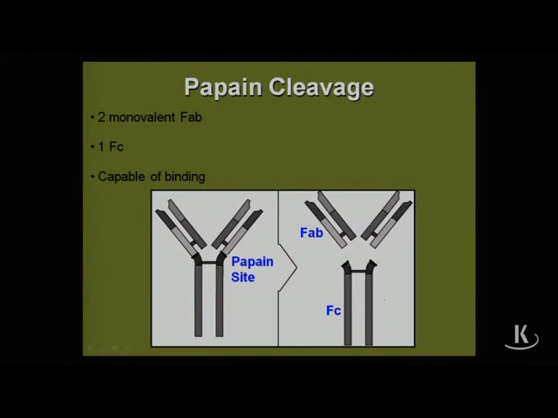After cleavage with papain, you wind up with 2 separate binding regions. So there's 1 constant region, 2 separate variable regions, and the big deal here is that in this case, you would not be able to agglutinate, because each part that's left can only bind 1 antigen.